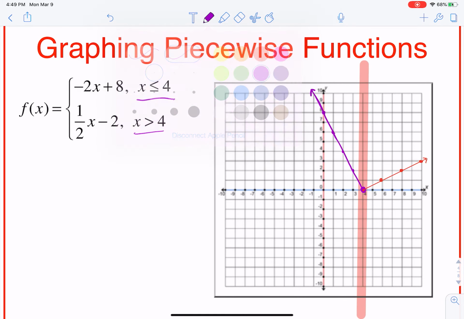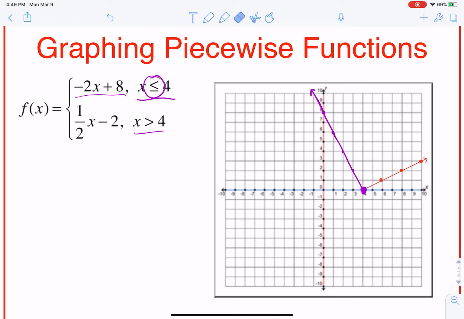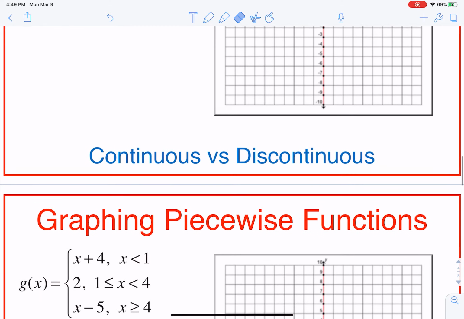Since at 4, I'm really equal to this function here, which I represented in purple, I want to make sure that the purple representation comes out on top. So now if I were to erase my domain divider there, this is what this piecewise function will look like.